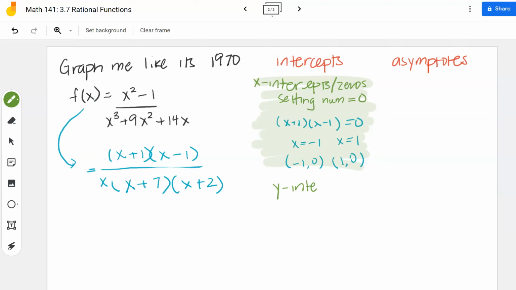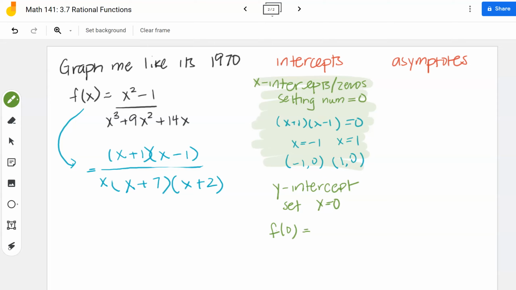The y-intercept is, I think, easier from the multiplied out version of our function if we have it. Not terrible either way. We find our y-intercept by setting x equal to 0. This is just what happens when we plug in 0. The reason I like the unfactored form is that every term that's not constant will just become 0.